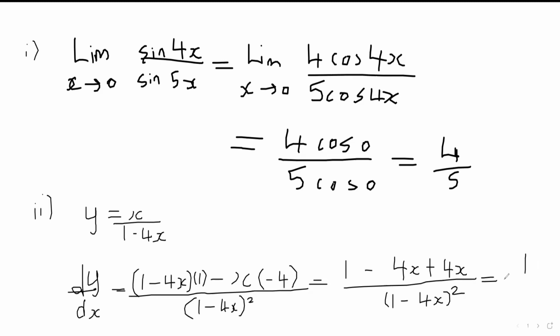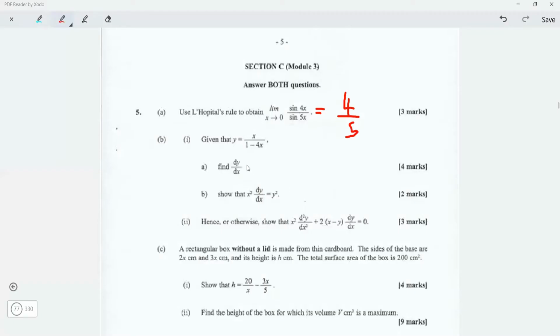So this becomes 1 over 1 minus 4x all squared. Yeah, cool with this? That's dy by dx, right? Yes, sir. Nice, so we're done with that now. dy by dx is 1 over 1 minus 4x all squared.